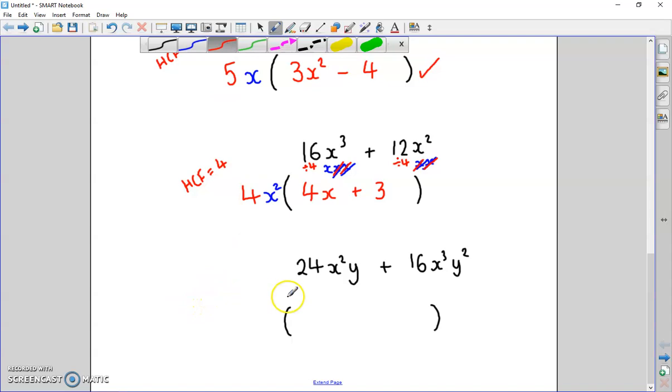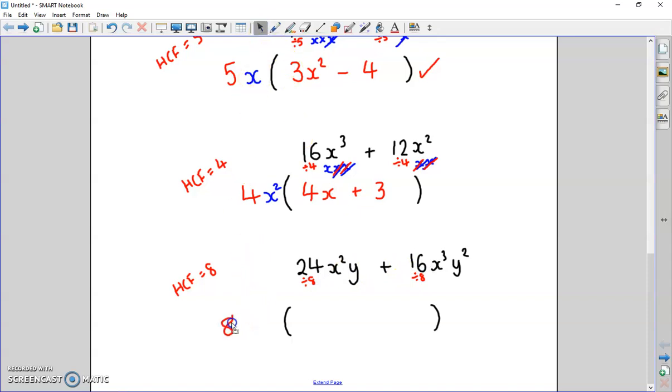Just do it in little baby steps. Right, we've got 24 and 16. Lots and lots of common factors. The highest common factor, though, is 8. So definitely an 8 going by there. Divide by 8. Divide by 8. In fact, I'm going to move that over there a little bit to make some room for what comes next.